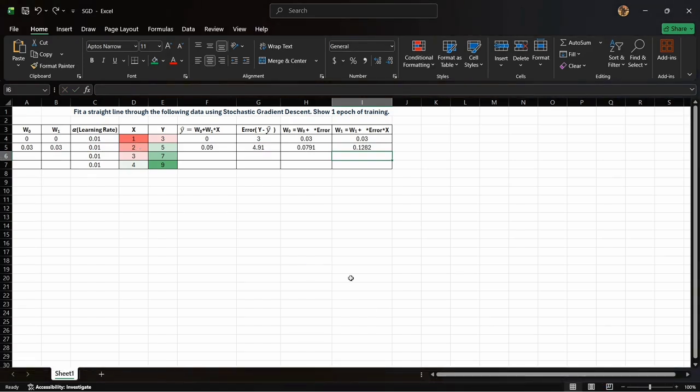After the completion of the second iteration, we update w0 and w1 from the second iteration, and calculate the third iteration accordingly.